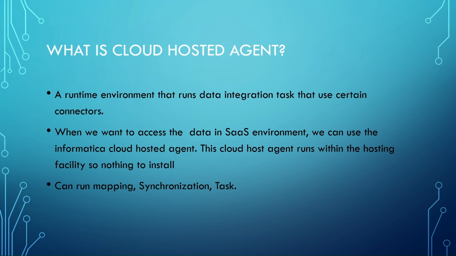With the help of the cloud hosted agent and secure agent only we run our mapping tasks or task flows, that is, mapping, workflow, sessions. Everything is executed and run on the cloud hosted agent or the secure agent, with the help of certain connectors.